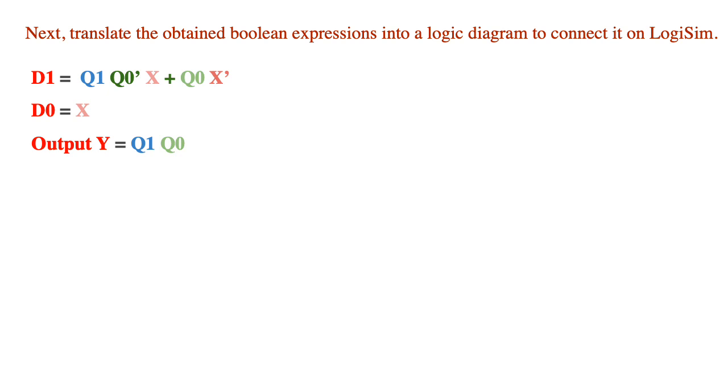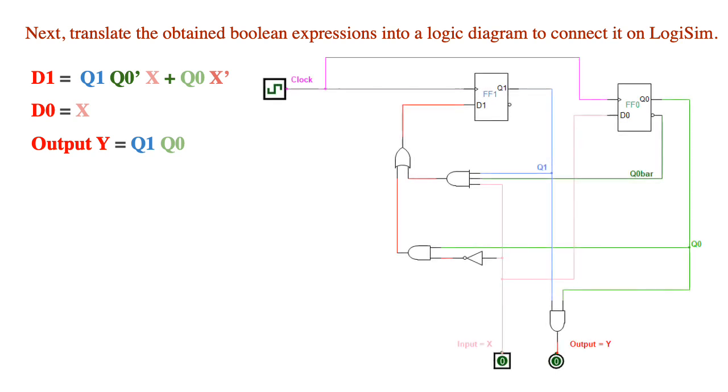Now that we have all the Boolean expressions needed for this design, we can translate these expressions into a logic diagram so we can implement it using Logisim or any other software. Observe that we will need a total of 2 flip-flops.